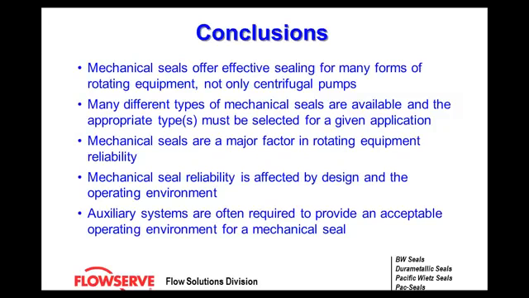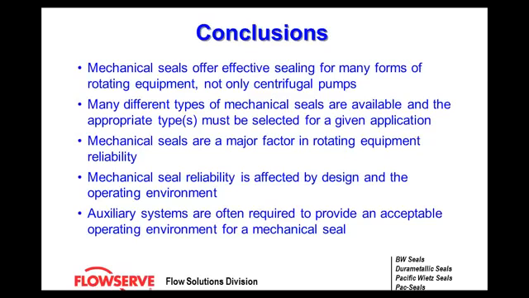Mechanical seal reliability is affected by design and by the operational environments. Auxiliary systems are often required to provide an acceptable operating environment for a mechanical seal. In reference to the dual seal systems, they require auxiliary systems. Sometimes you have pump applications where you cannot get outside that pump.